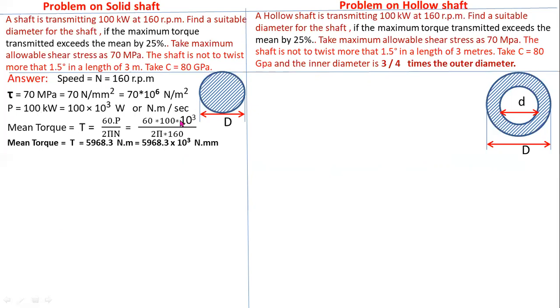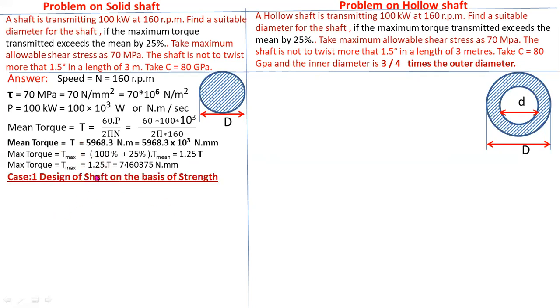Here the maximum torque is given. The maximum torque is 25% more than T mean, so you have to consider maximum torque equal to 1.25 times mean torque, same as the previous problem. Maximum torque equal to 1.25 into T, T max equal to 7460375 Newton mm.